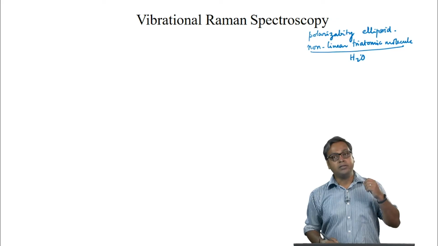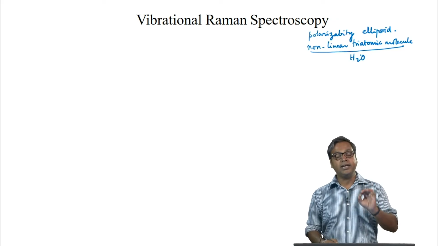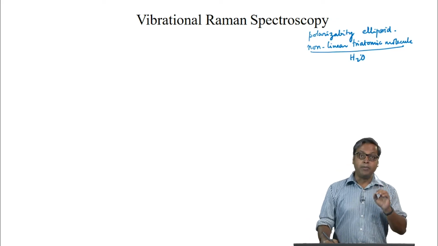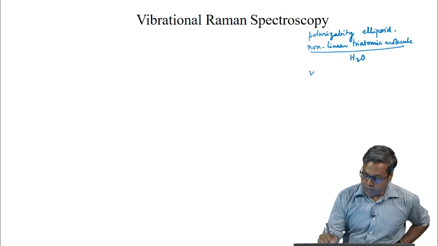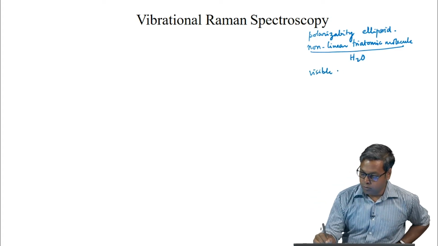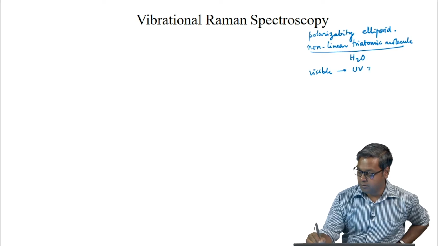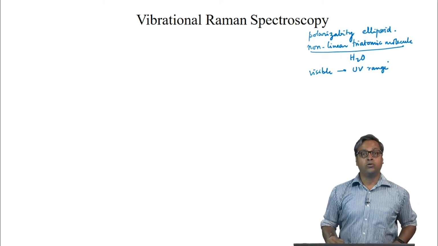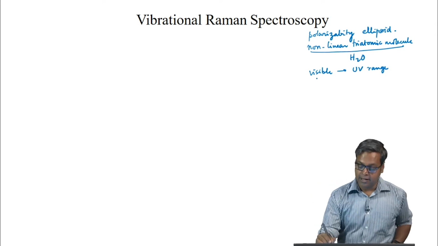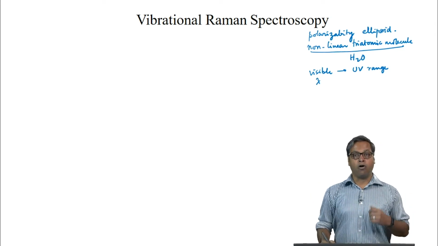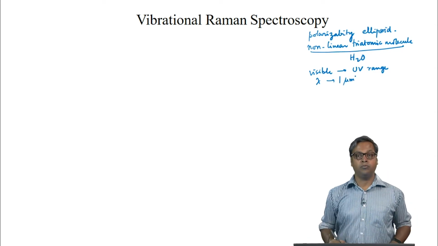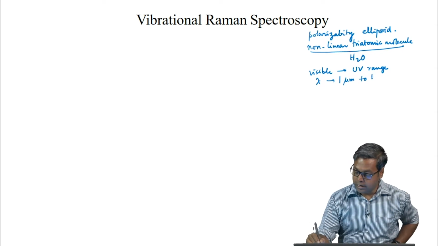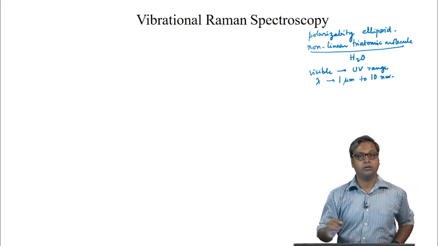But we must remember that the oscillating electric field which is applied for Raman spectroscopy is usually of radiation in the visible to ultraviolet range. So, the wavelength, that is lambda, is of the order of 1 micrometer to 10 nanometer.